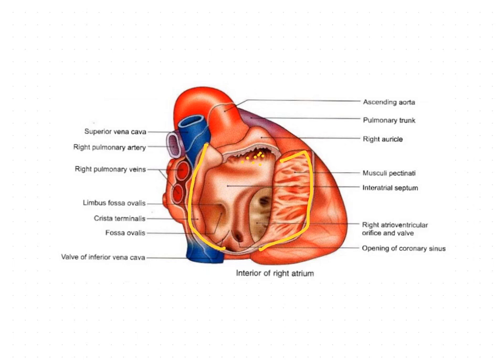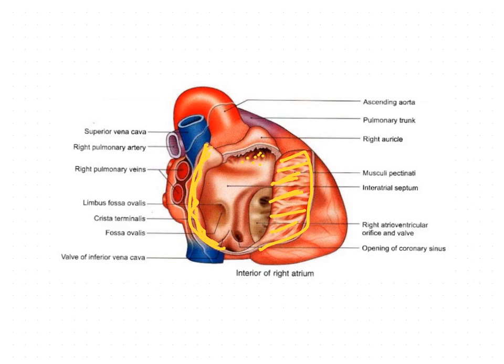This anterior part presents a series of muscular ridges called musculi pectinati. These arise from the crista terminalis.